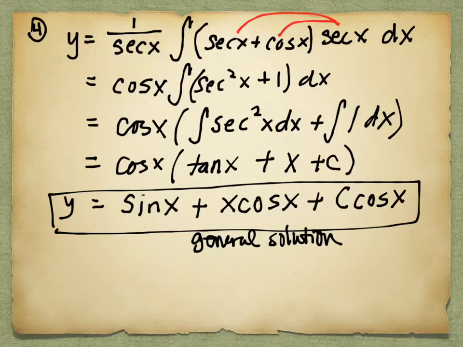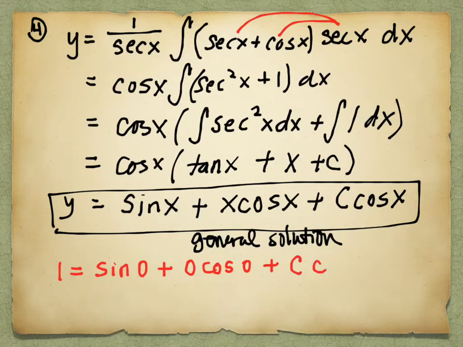So what am I going to put in and where? y is 1, and x is 0. So this is 1 equals sine 0 plus 0 cosine of 0 plus c cosine of 0.